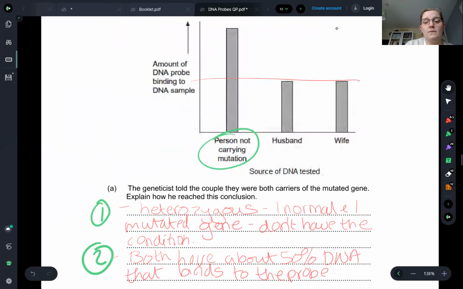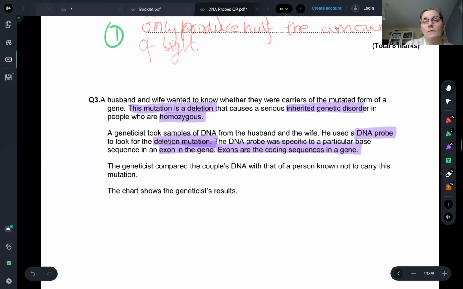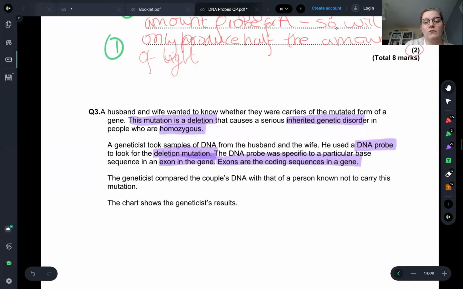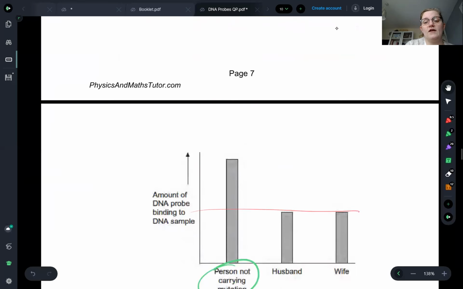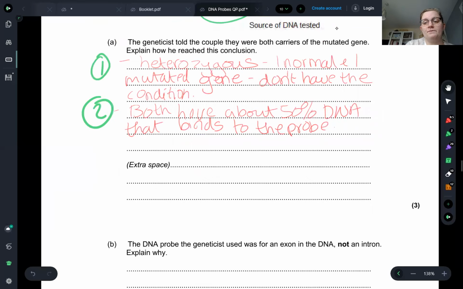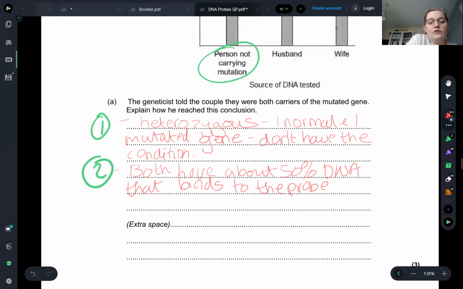Clearly, the DNA probe binds to the dominant allele, because this mutation is a deletion and it causes a genetic disorder, which is homozygous. So it's going to be homozygous recessive. So our probe is going to bind to the dominant allele.